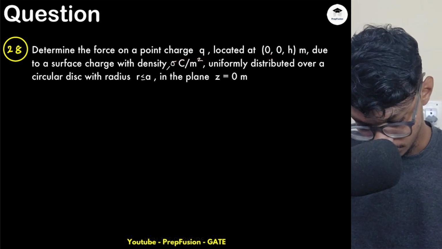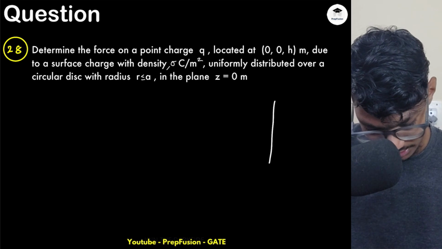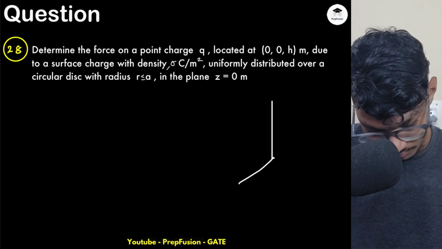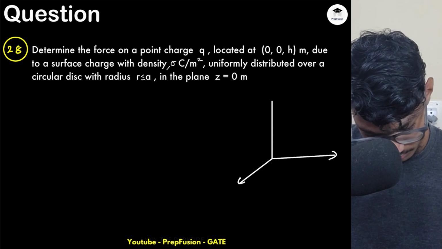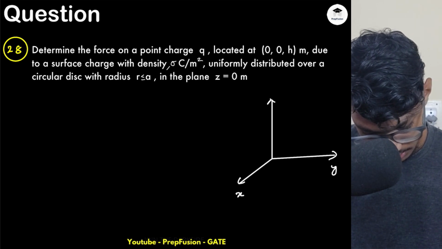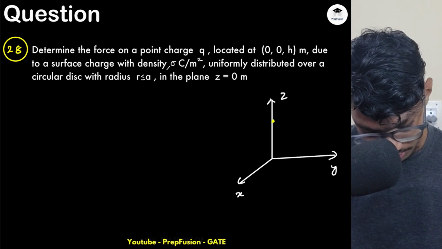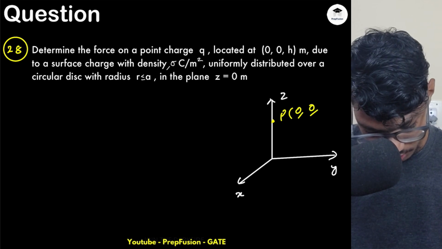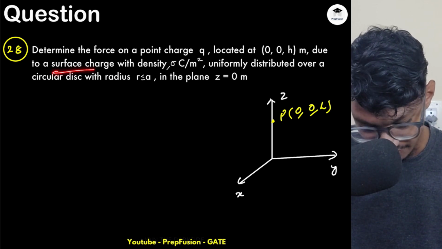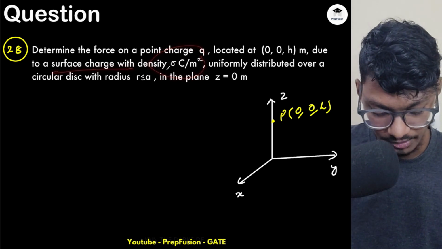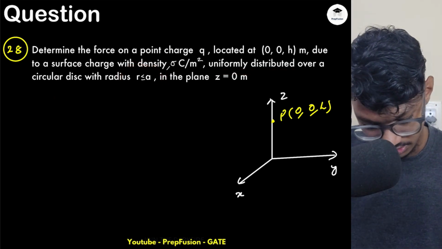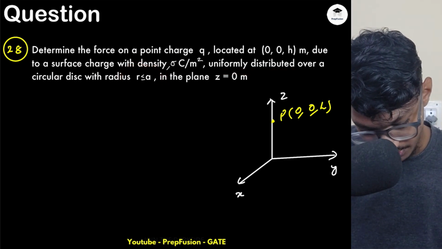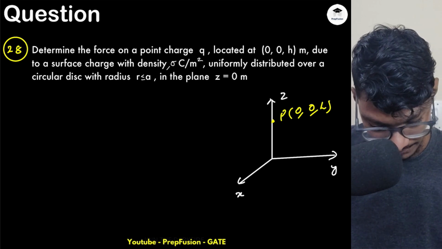Let me mark the points here: x, y and z. The point is located here somewhere, 0, 0, h. Due to a surface charge density sigma C per meter square uniformly distributed over a circular disk with radius r less than a, in the plane z equals 0, basically in the xy plane.